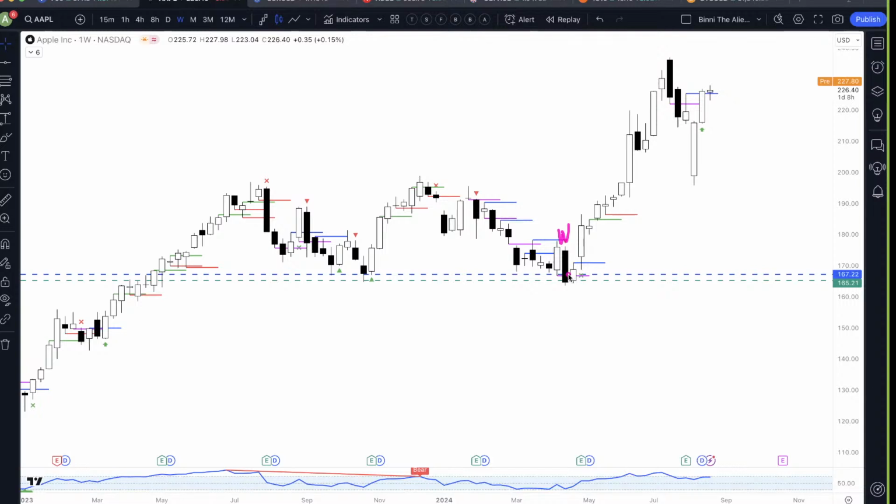But don't forget, what is the underlying principle of wash and rinse? The machines, the programs, are able to see all these levels nicely, and they can force price to exceed those levels and scare the hell out of you. So when price exceeds that level, you thought this is a breakout.